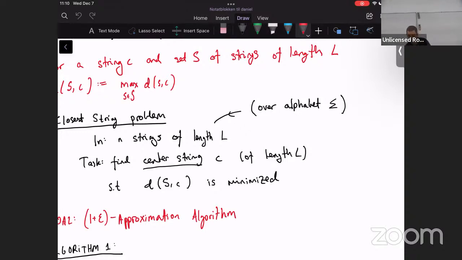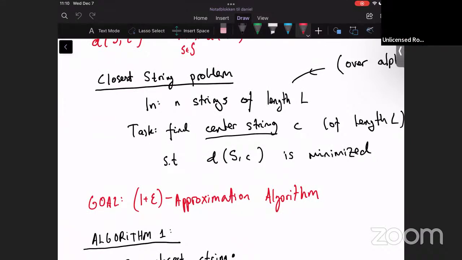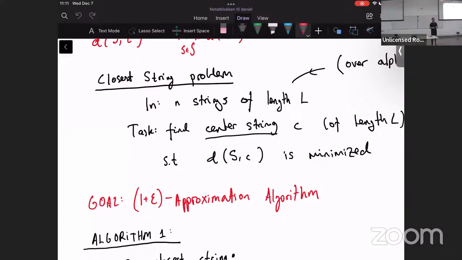The input is a set of n strings, each one of the same length L, and the task is to find a single string, a center string C, also of length L, that minimizes the distance from the center to the set. So you're trying to find a single string so that the smallest possible ball around that string will cover the entire set.